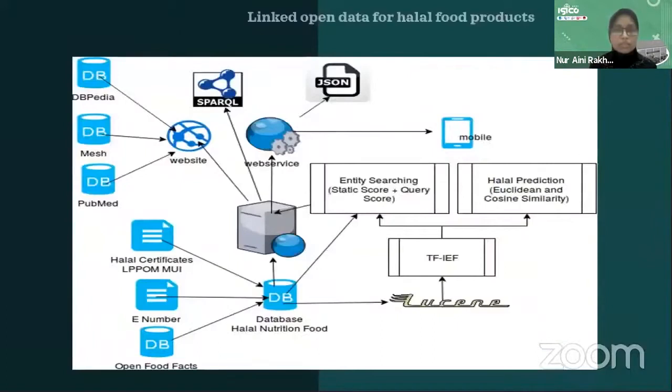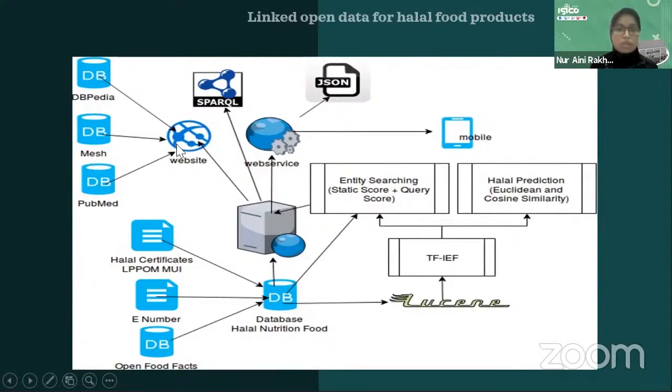And this is the architecture of our current system. We have the website, and we link that with DBpedia, like I said before, the linked data. We also use MeSH. MeSH is for the medical dataset, because we want to know about the ingredients, especially the additive ingredients: what they are all about, the medication, the side effects of the ingredient, and also PubMed as well.